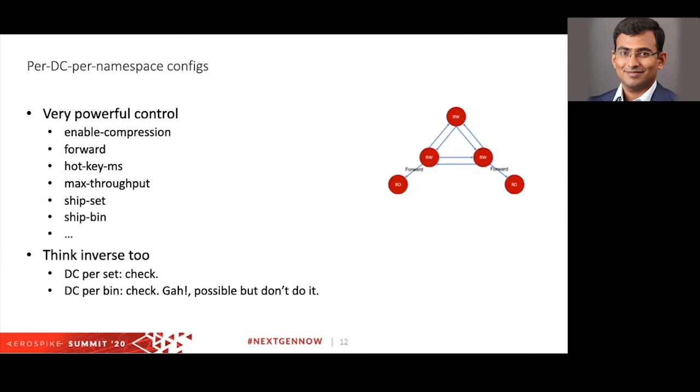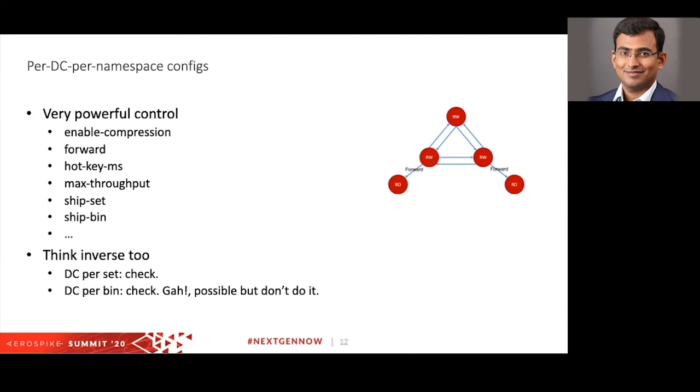This bin projection filter is a predefined list of bin names which will get shipped when the record gets updated. I don't want to get into details, but basically this can be used as a technique to avoid active-active conflicts in the XDR active-active configuration.